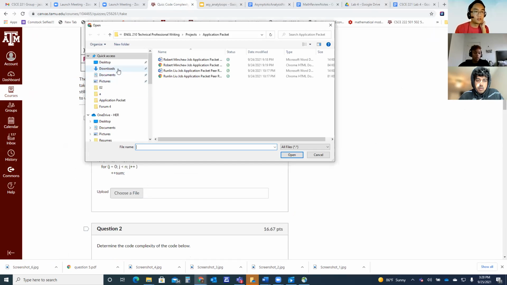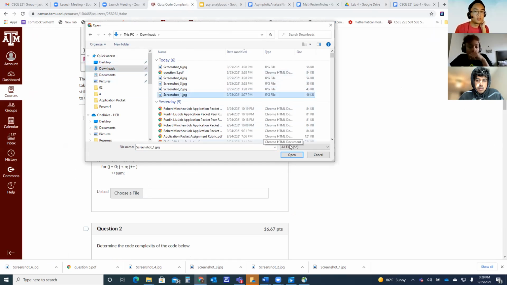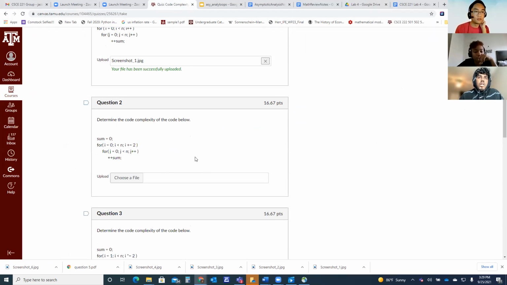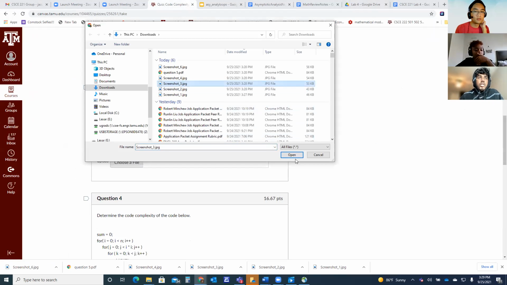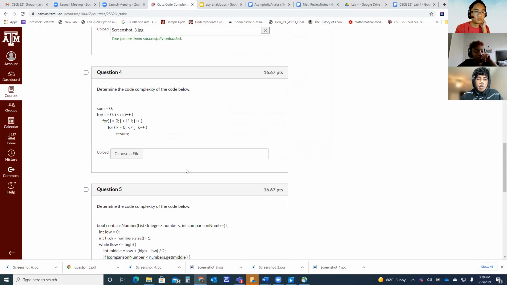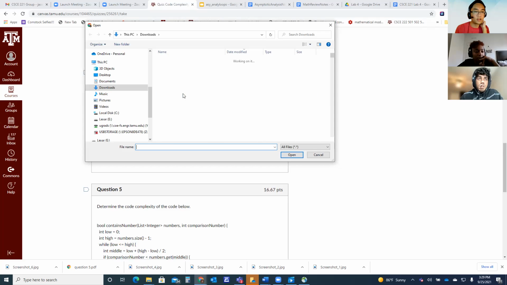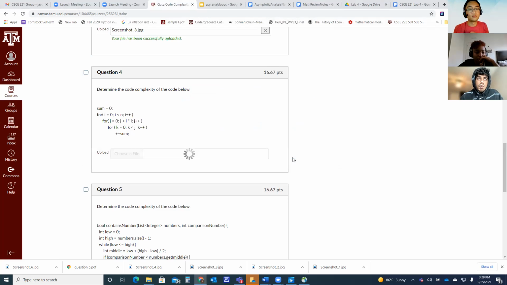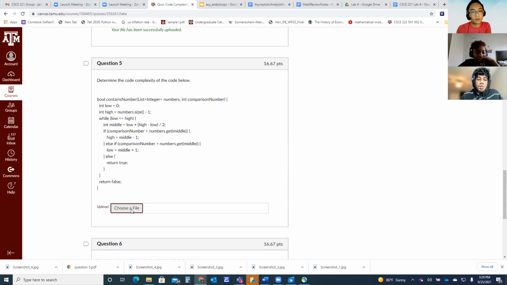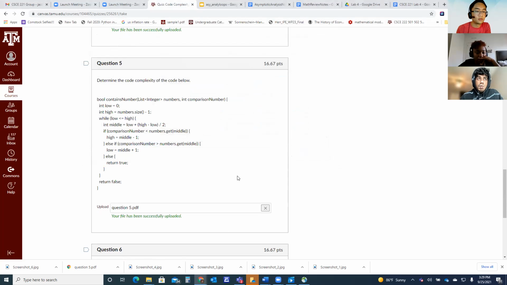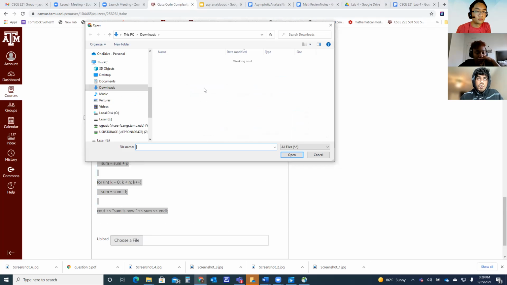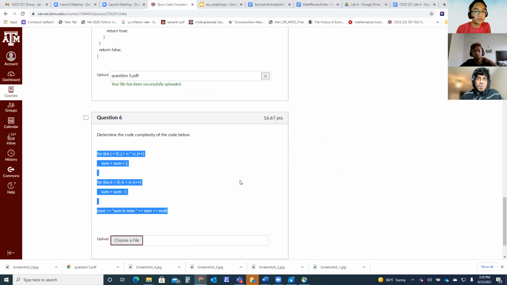For problem 1, it's going to be screenshot 2. Yeah, I'm also clicking through the Google Drive at the same time to make sure that those are the right questions, and so far it's all been good. Okay, that's good. And then the PDF is 5. And then screenshot 6.